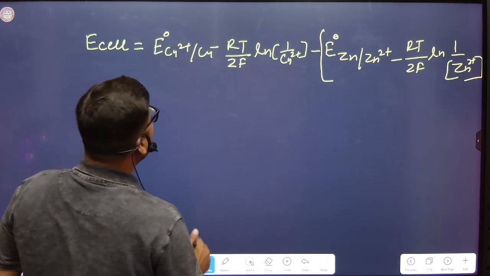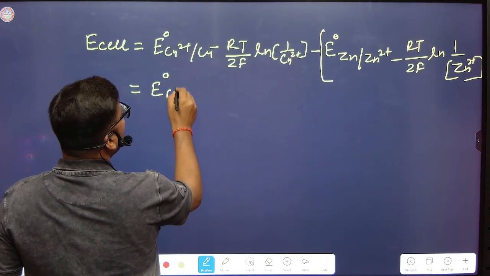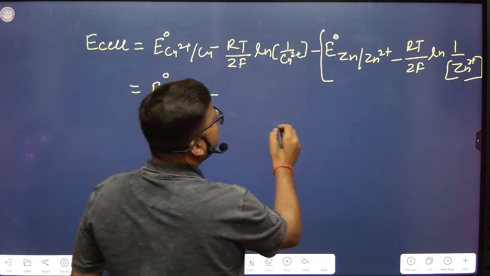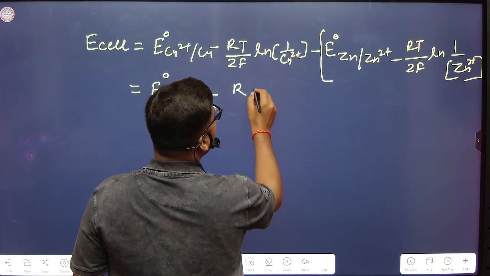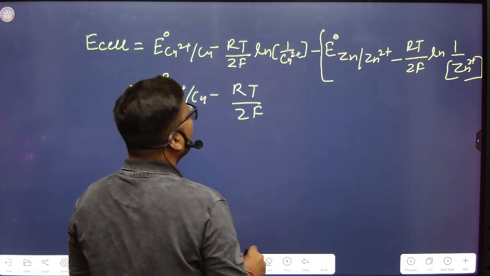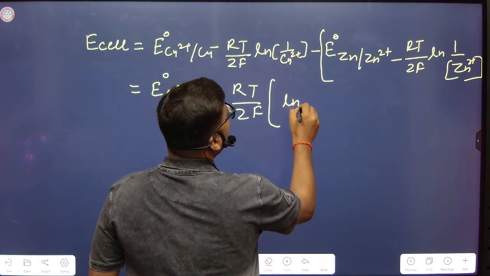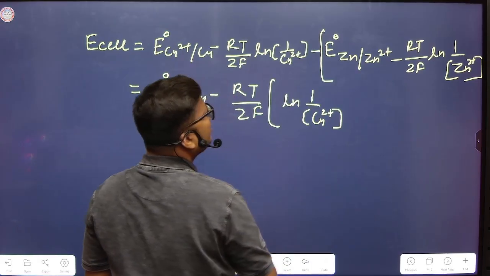Now what happens? E0 Cu2+/Cu minus RT upon 2F, we can take it out, and this will be ln 1 by Cu2+, right?